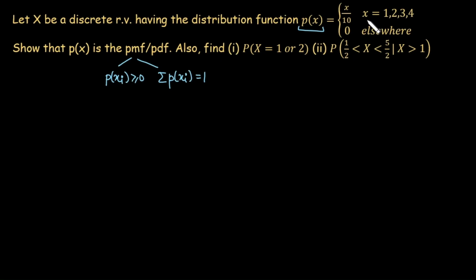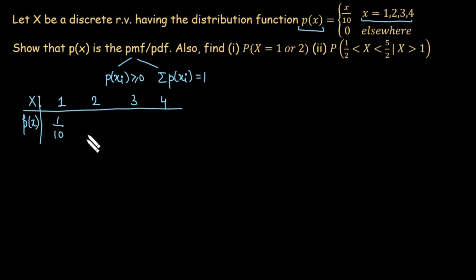Like in this case, it is given that the random variable x has the values 1, 2, 3 and 4. What is the corresponding probability? So that is analyzed with the help of this. So when x is equal to 1, what is the value of the function? 1 by 10. So this is the probability corresponding to the random value x equal to 1. When x is equal to 2, we have 2 by 10.